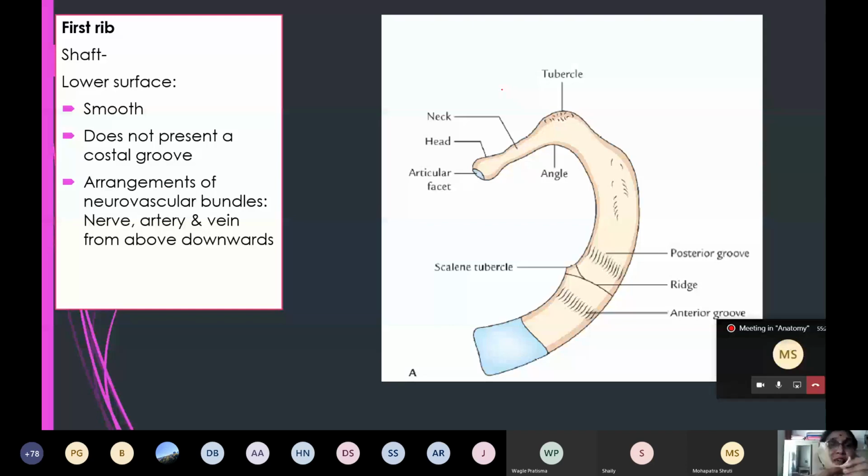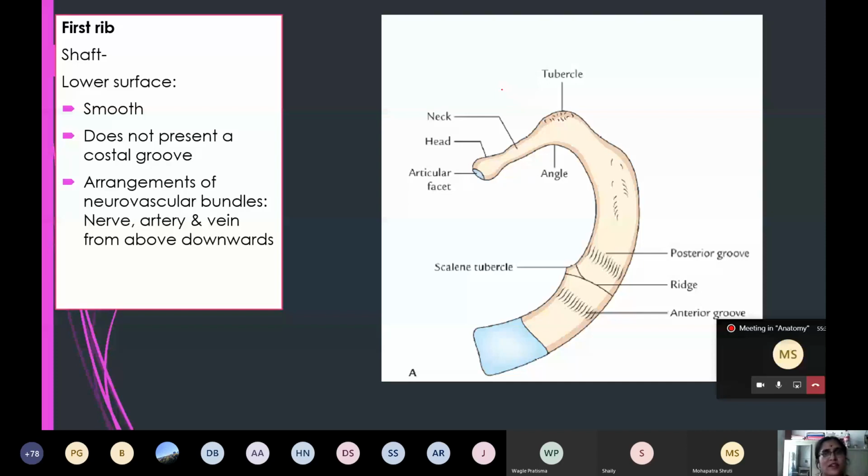And in the typical rib, in the inner surface there is a costal groove, yes or no? But in this atypical first rib, in this lower surface there is no costal groove. However, there is a neurovascular plane on which the intercostal vessels and nerve lie.